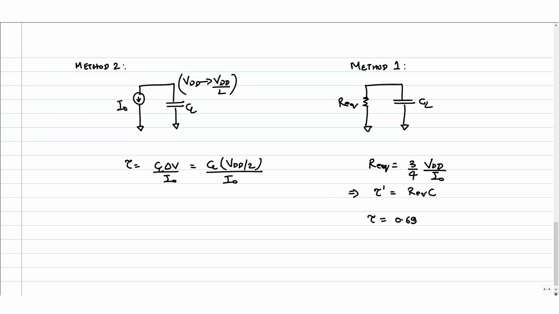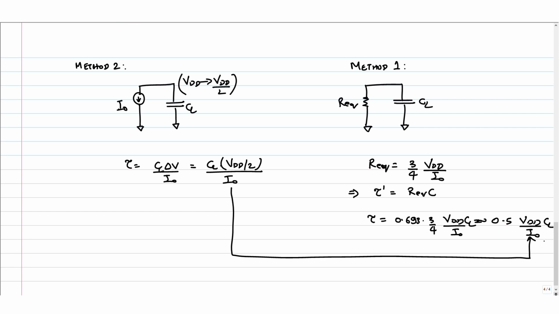So this is 0.693 into 3 by 4 VDD by I naught, which is approximately 0.51 or 0.52 times CL VDD by I naught. Now these two answers indeed do match, right.